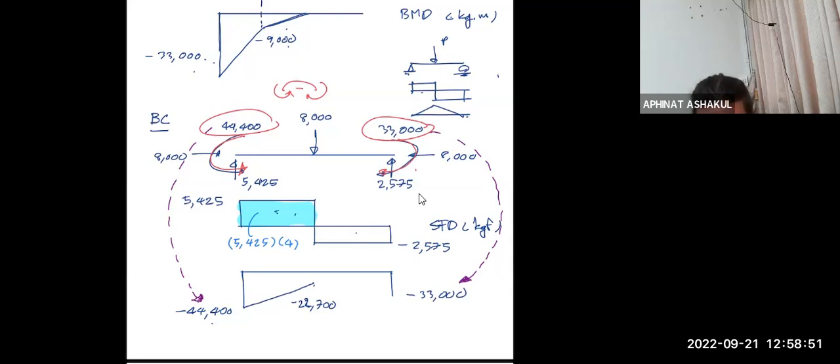And then again, this negative area should bring your bending moment diagram down to the value that we already have, which is minus 33,000. So that's your bending moment diagram in kilogram meter. Okay.